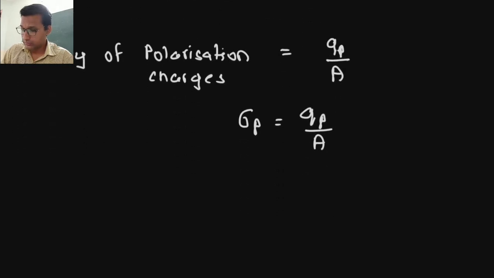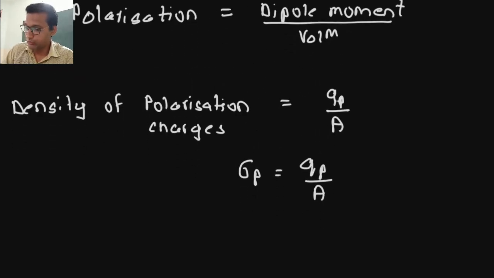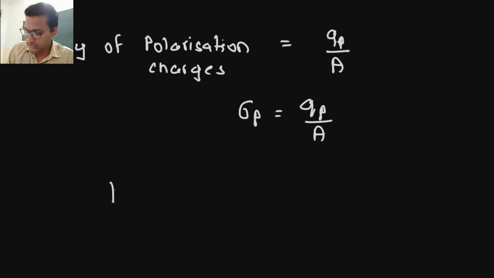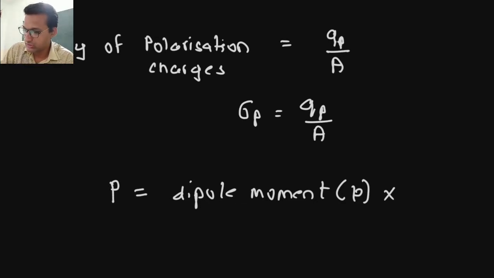Now polarization, we have seen, is dipole moment per unit volume. Polarization capital P is equal to the dipole moment, which we denote by small p, divided by volume.